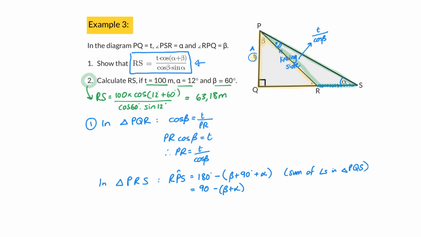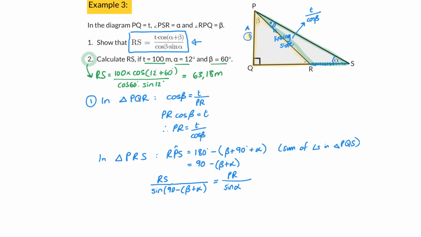So I'm going to say I want RS out of sine of this angle, 90 minus beta minus alpha, sorry, beta plus alpha. Let's make my line a little longer. It's equal to a side PR out of sine of alpha. That looks good to me.